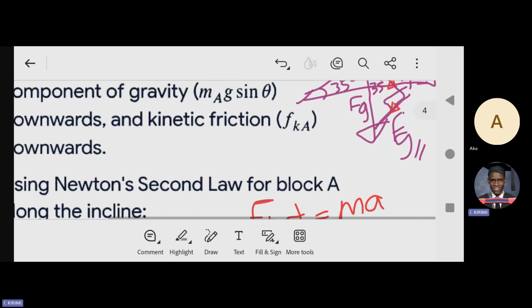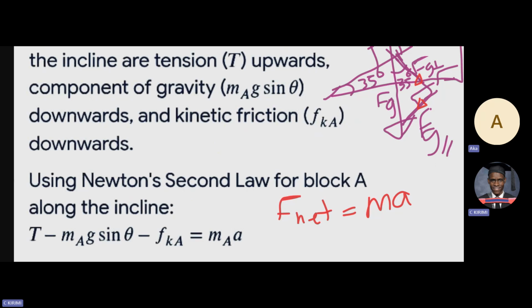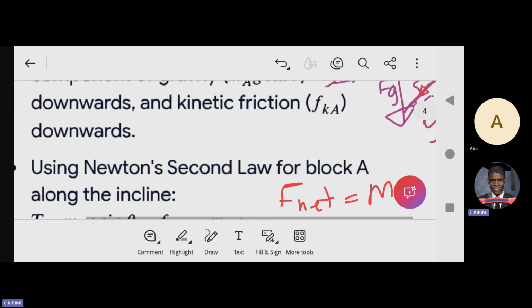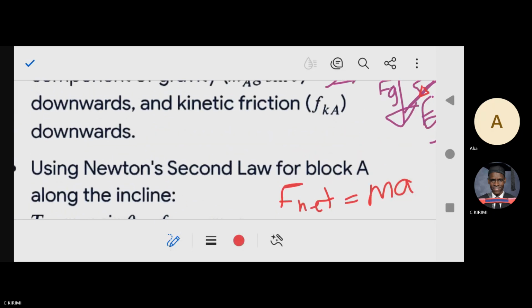So what is our F net when we are dealing with the second block? We are having a tension, so we want to draw that one. Let me put it nicely so that you can see. This is our block. Moving left and right, the pull which I'm having for A is the tension, this side.